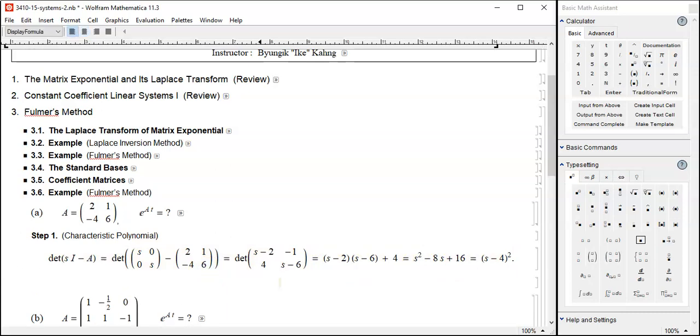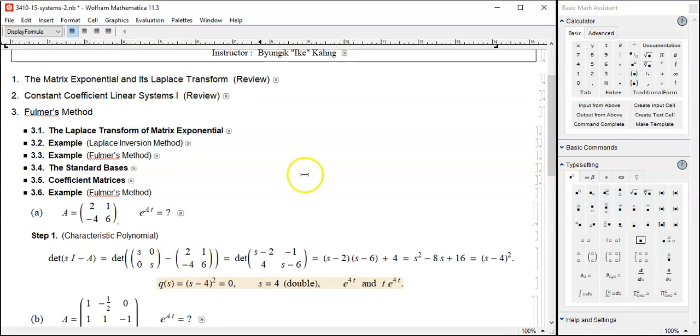So if I set this characteristic polynomial equal to 0, so we have double root. So I'm gonna get this eigenfunction. Are you with me here?